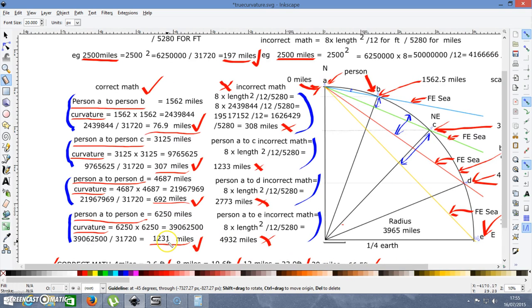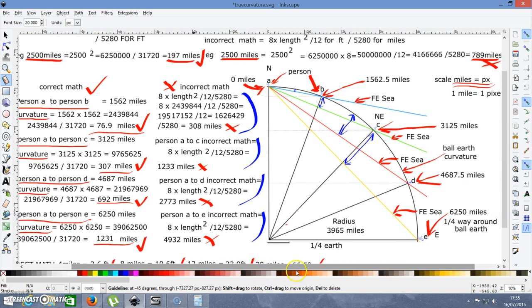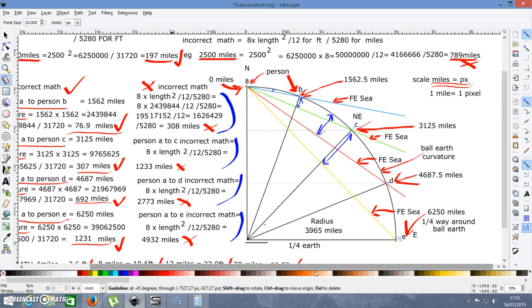Maths says 1,231 miles, the correct maths. The incorrect maths says 4,932 miles. Well, that's just under 1,000 miles longer than the radius of the Earth.